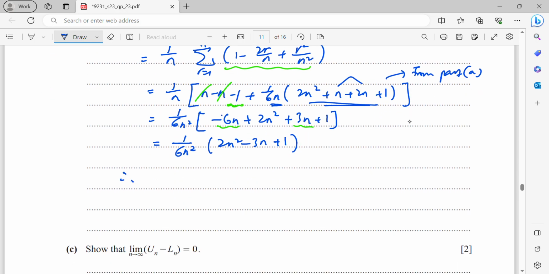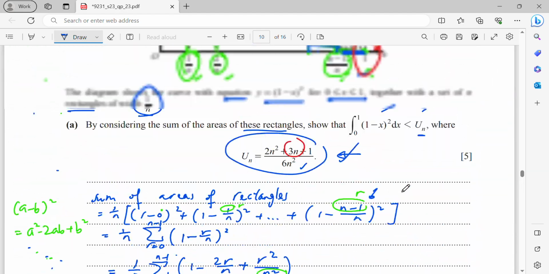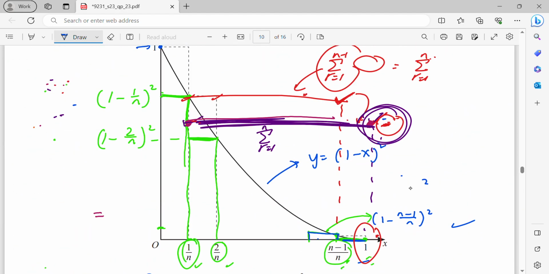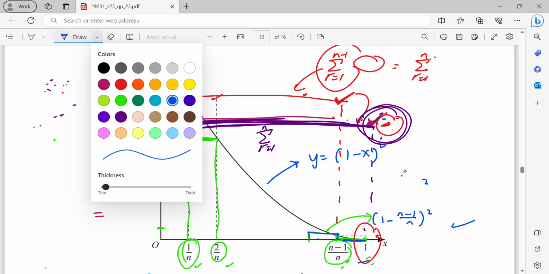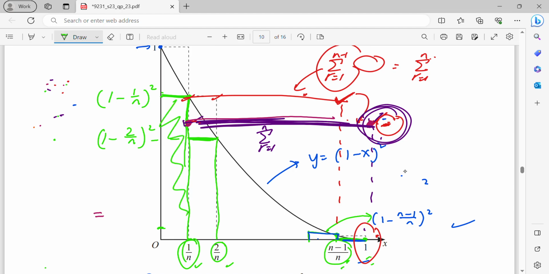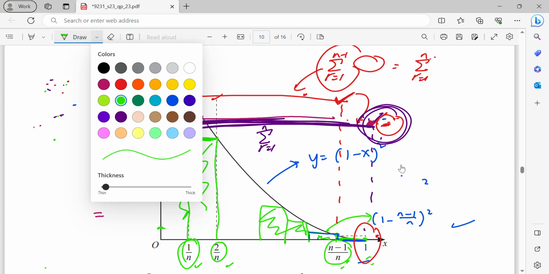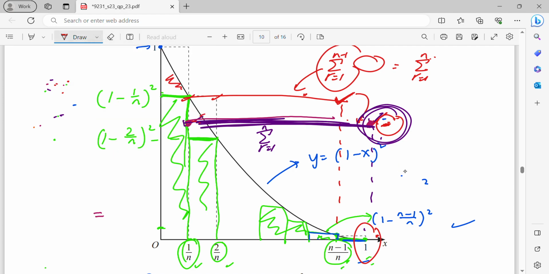So from here, I know that when you refer to the graph, and by referring to the green rectangle, obviously the total area of the rectangle here, or this rectangle, will be less than the actual area under the curve because this will be the extra part.